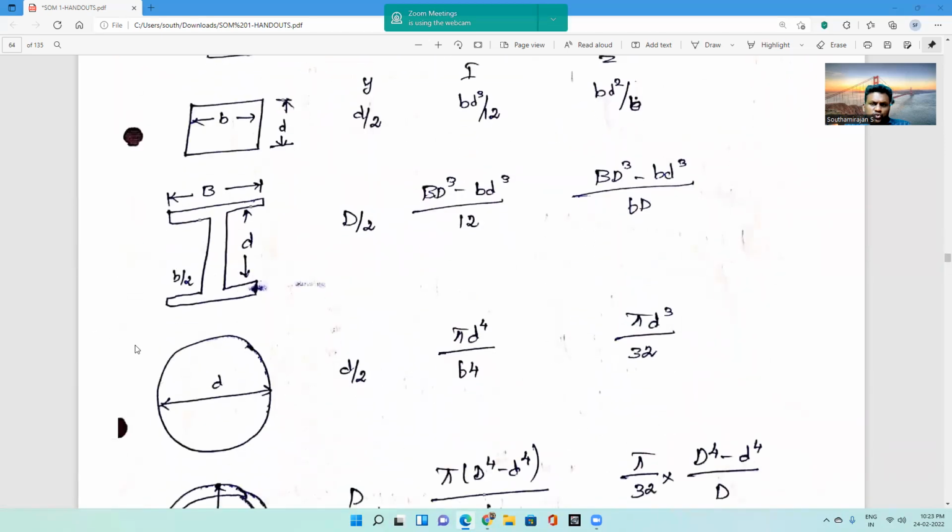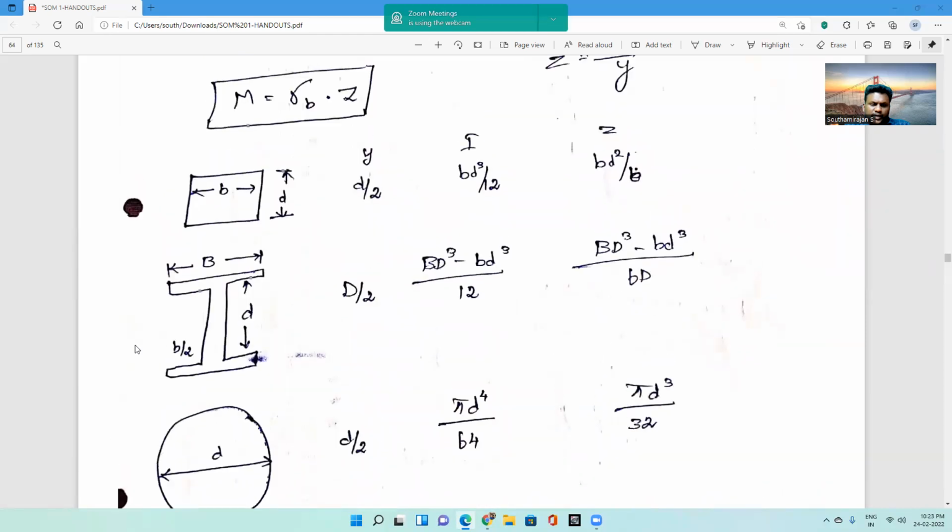So we will go through the moment of inertia and the sectional modulus for different cross sections. First, we will go through the regular section, that is the rectangular section. If it is a rectangular section, it has a cross section with B as the breadth and D as the depth.